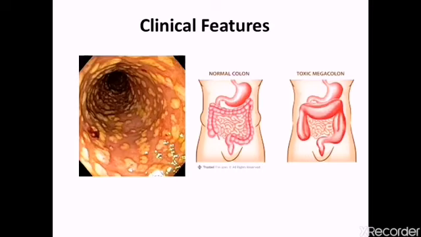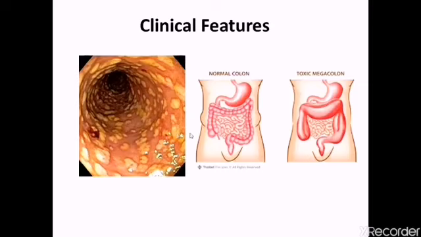Pseudomembranous colitis is an acute inflammatory disease of the colon. In mild cases, this may appear as minimal inflammation or edema of the colonic mucosa. In most severe cases, the mucosa is often covered with these nodular exudates, these raised exudative plaque-like structures.